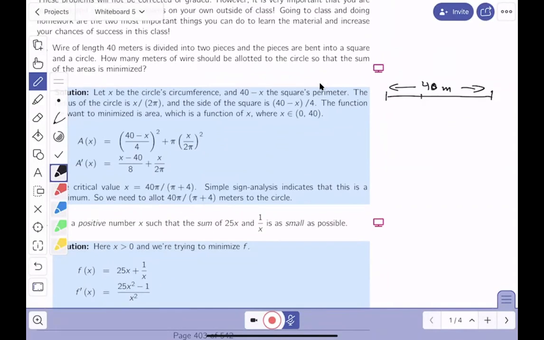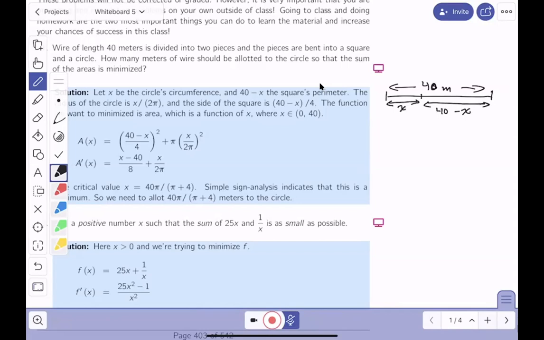I'm going to cut it here. So I'm going to say this piece here is X, and this piece over here is going to be 40 minus X. So I cut the wire. A wire of length 40 meters is divided into two pieces. I just cut it. One of the pieces is going to be bent into a square.